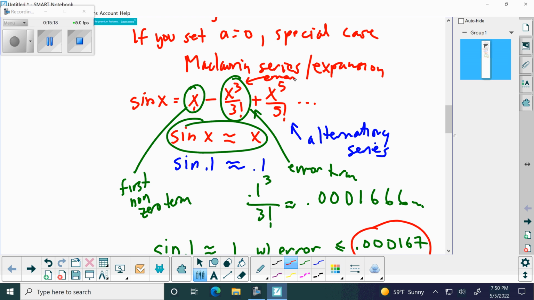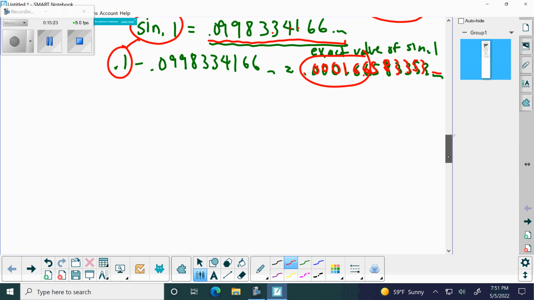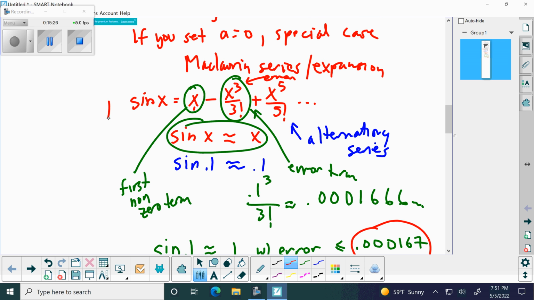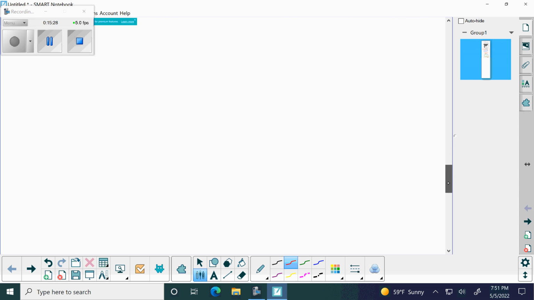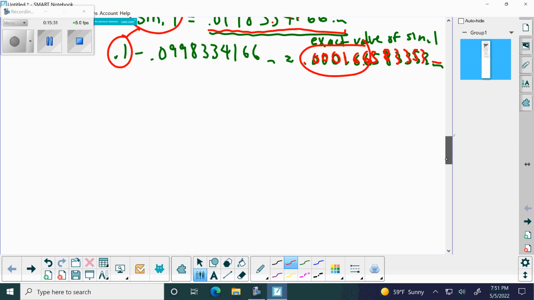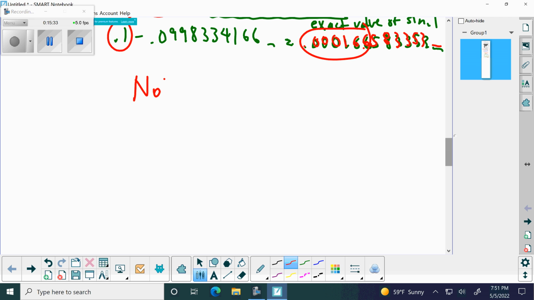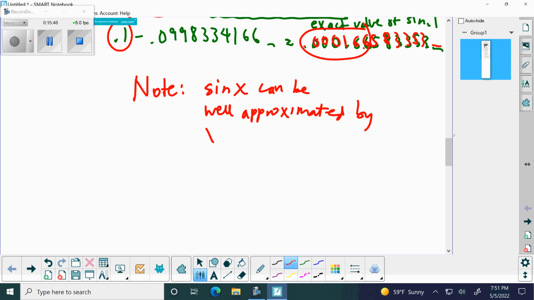So in this case, I find that if I have small values of the variable, note that sine x can be well approximated by x for small values of x.